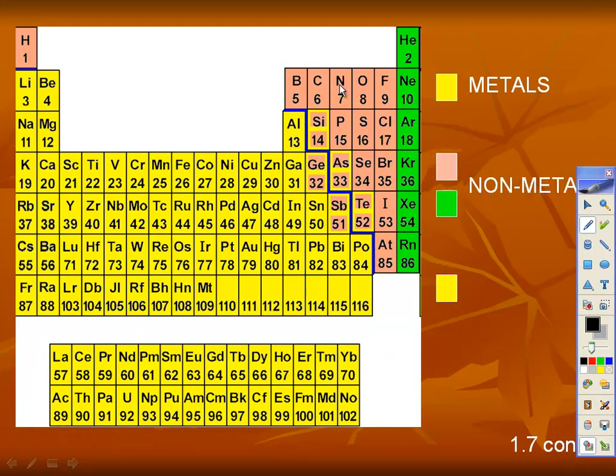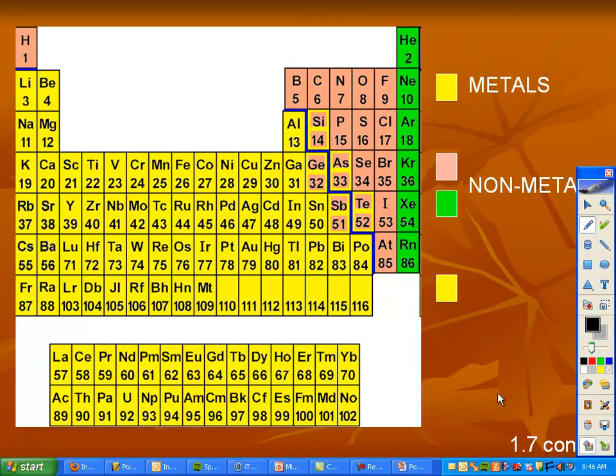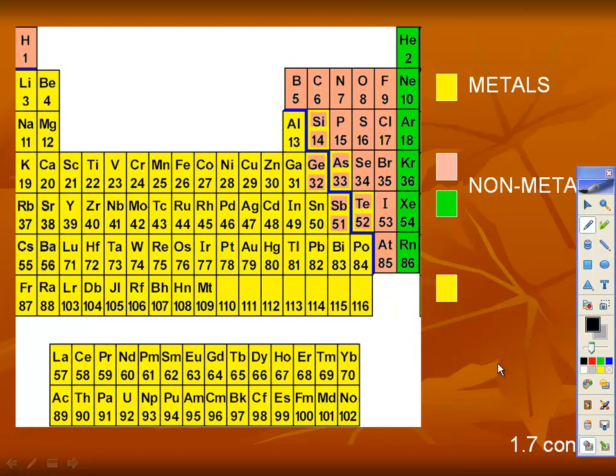Nonmetals are anything on the right-hand side of the stair step. So you see we've got this peach or salmon color over here. Many fewer nonmetals. Remember, those can be solids, liquids, or gases at room temperature. And then we've got our metalloids, which are this mixture of both, which makes sense. It's got this yellow and salmon color.